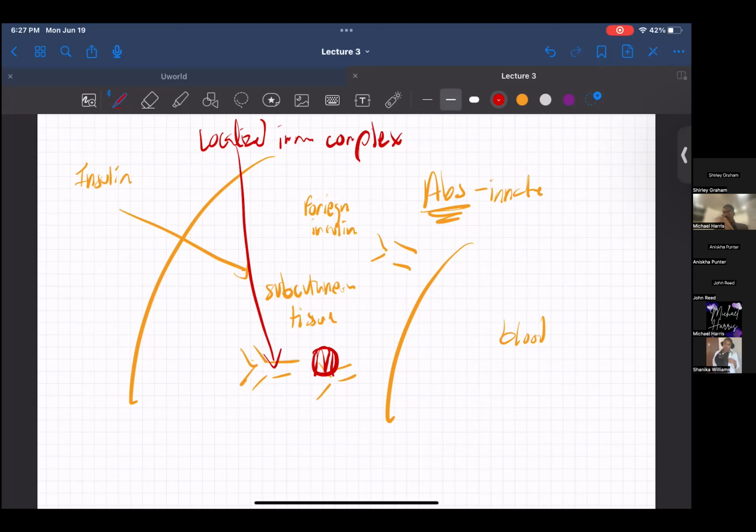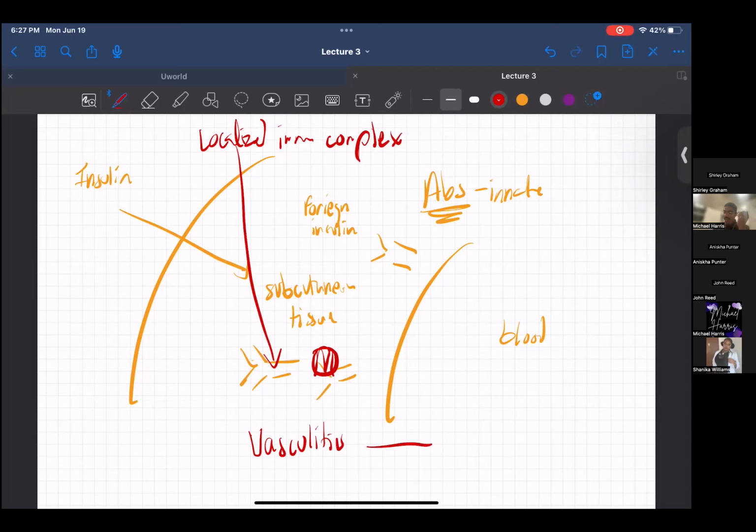So yes, you get an arthus reaction, but let's go actual symptom-wise, right? The patient's not going to say, I got this arthus reaction on my chest, right? They're going to tell you what it actually is, what it looks like. Inflammation. So you'll end up getting what is known as a vasculitis at that location.